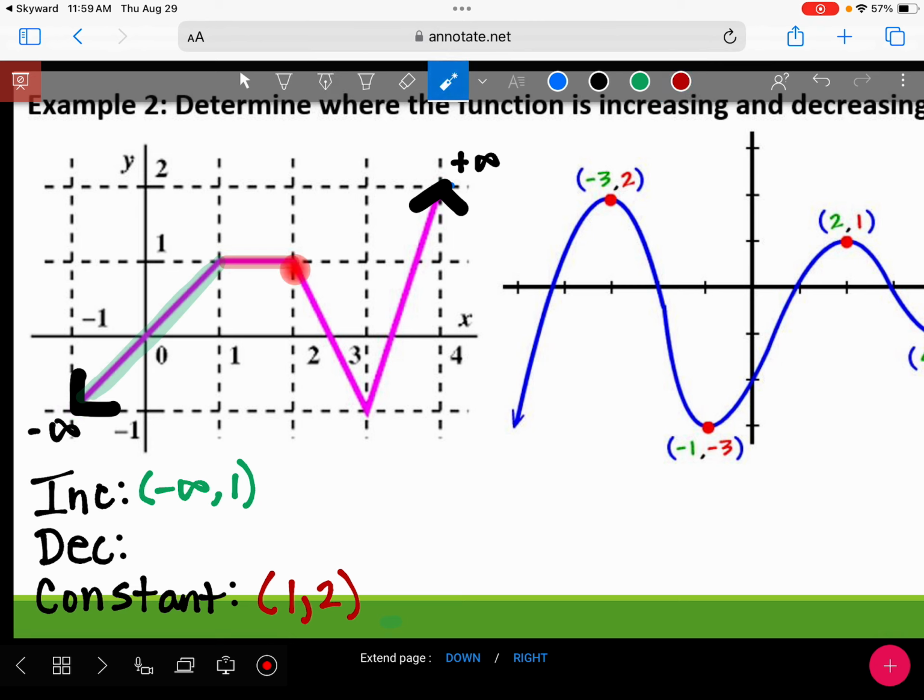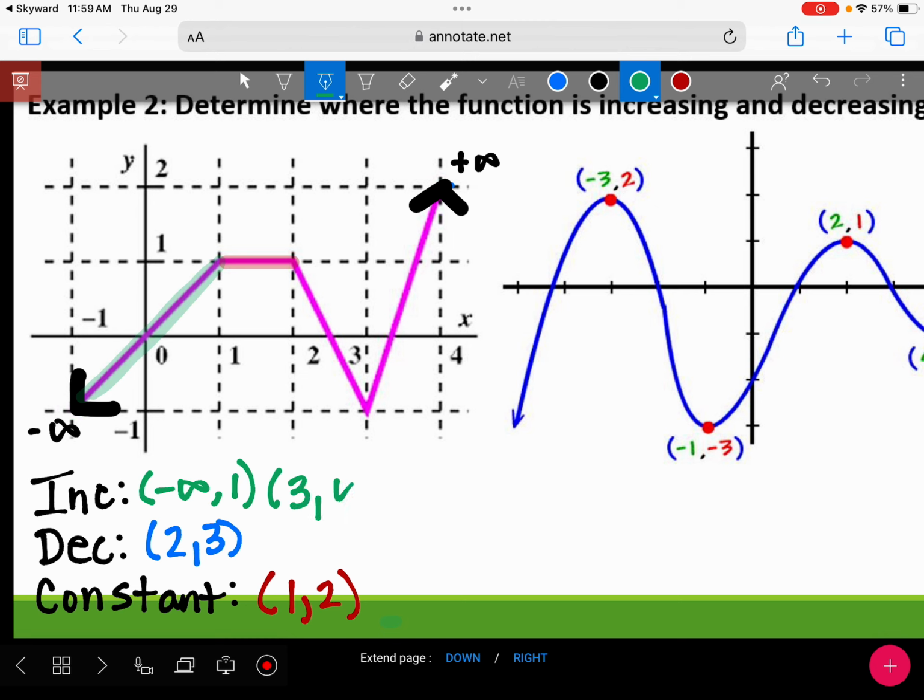And then look at my red arrow. What is it doing now? My little red dot is decreasing. So it decreases from 2 until 3. And then starting at 3, it increases again.